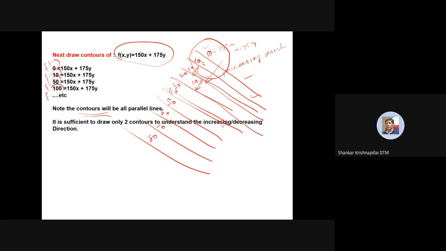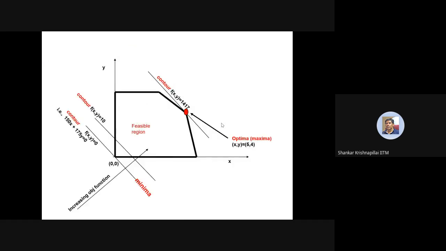So now we'll go to the final figure. This is the feasible region. I draw the contour f of xy equal to 0 and then f of xy equal to 10.